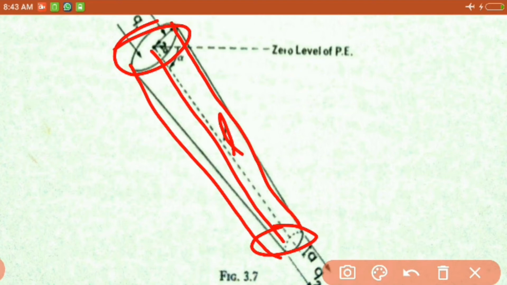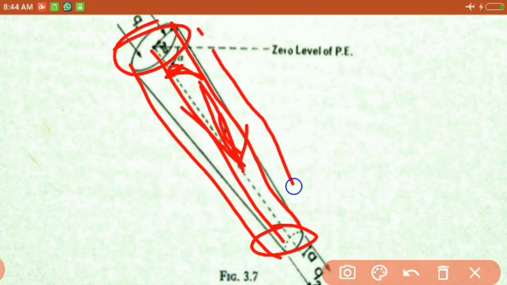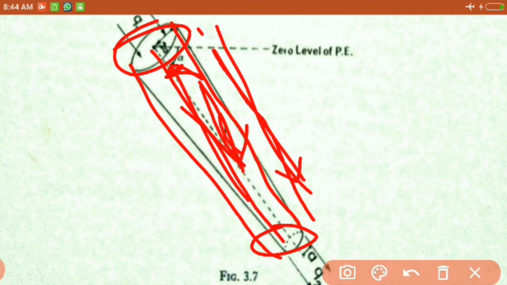It is inclined at angle alpha to the horizontal, and water flows steadily through it from the upper to the lower end. This is the direction of flow in this pipe.